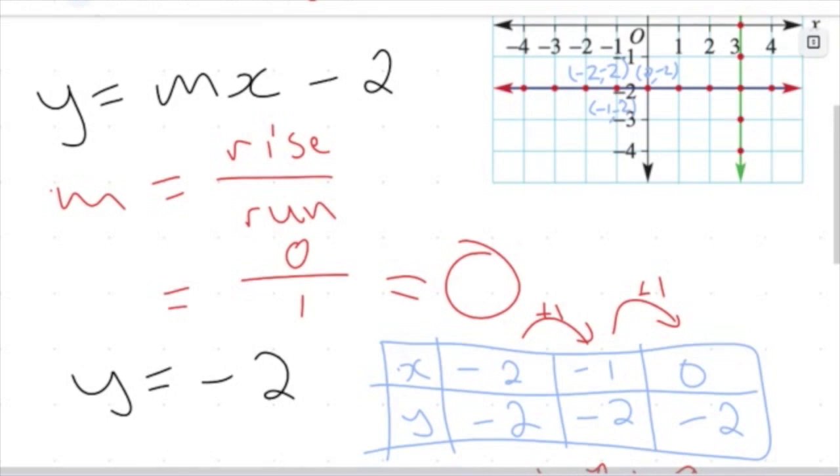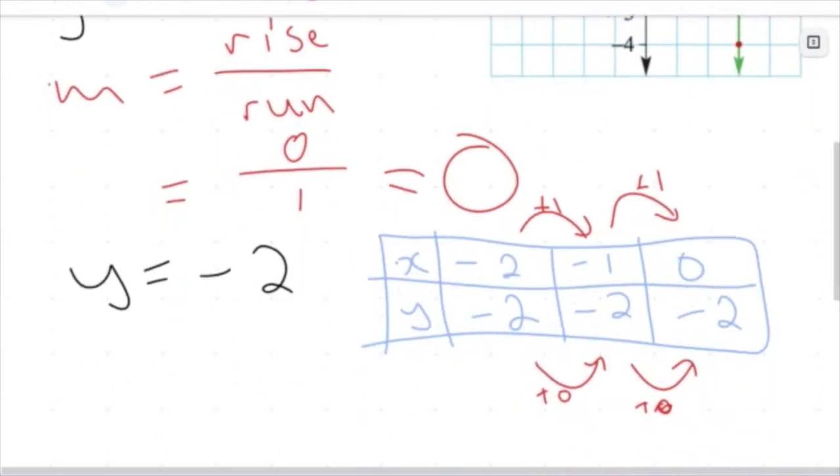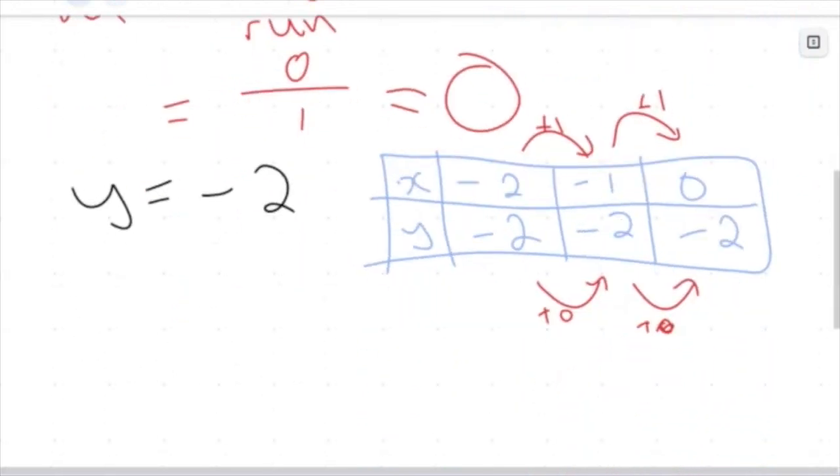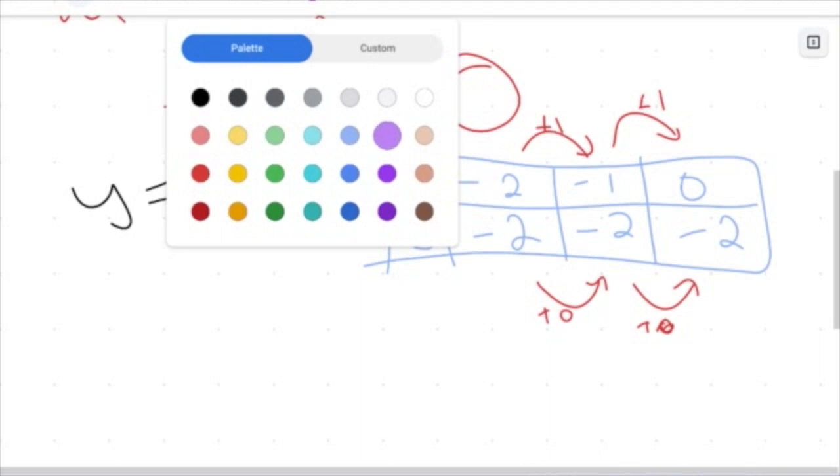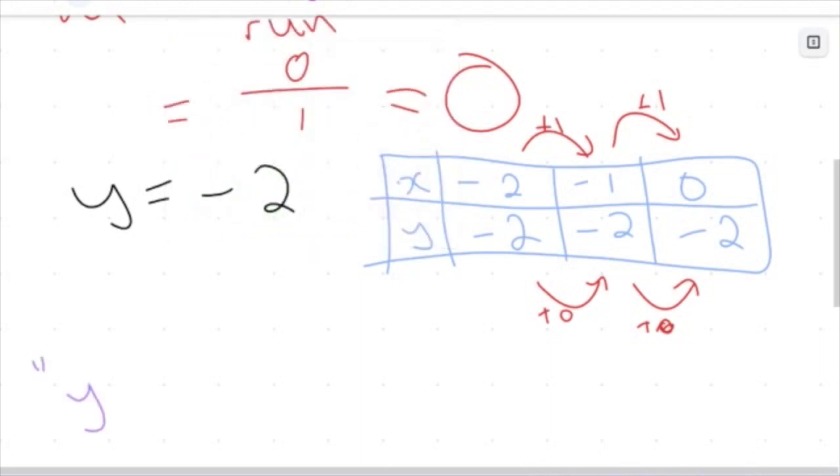The only thing we know is that y is always -2. No matter where we go along this line, y is always -2, independent of the changes in x. So we can write here, with this piece of information we got, that y is always -2.